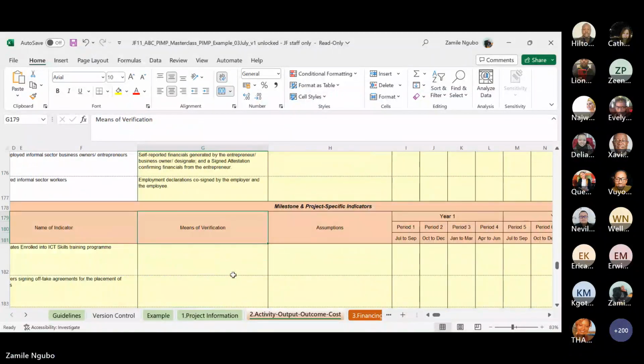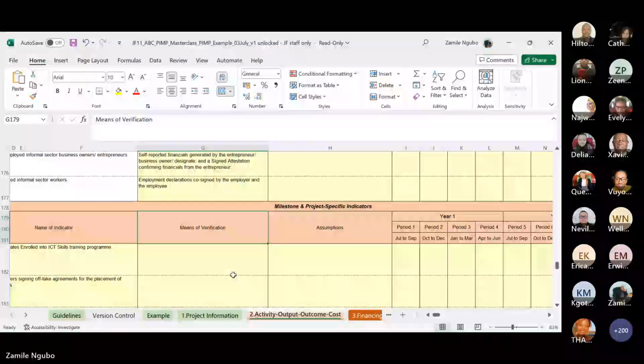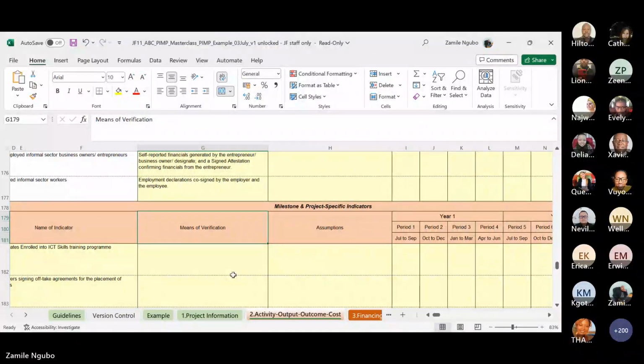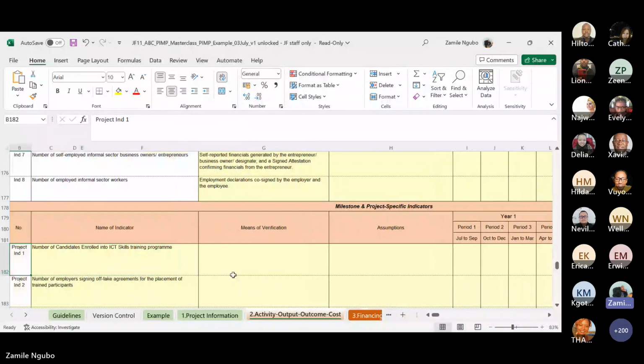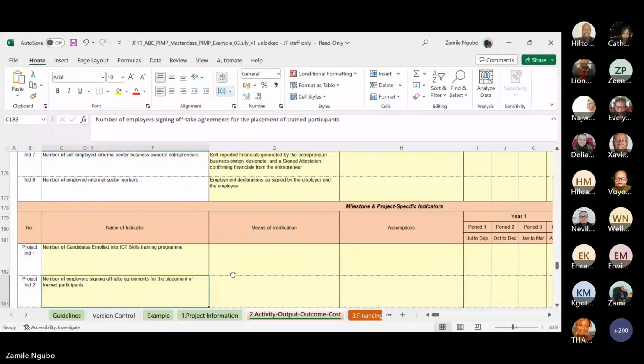Okay. So the last segment of completing the ABC PIMP, according to the example, we're given project-specific indicators there: the number of candidates enrolled into the ICT program, those completing the soft skills training, those completing the ICT training, and off-take agreements.